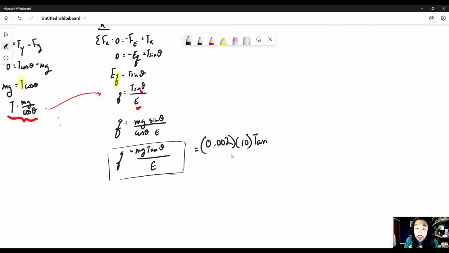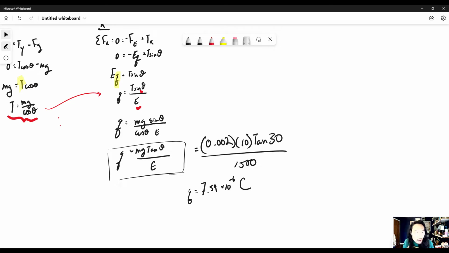Tangent of 30, divided by 1,500 newton coulombs, and we're going to plug that into our brain calculators and get 7.54 times 10 to the -6, I believe. -6 coulombs. Always have your units.